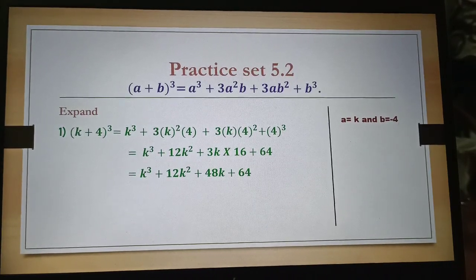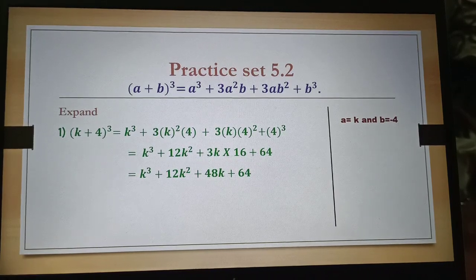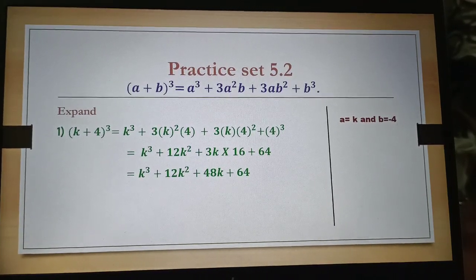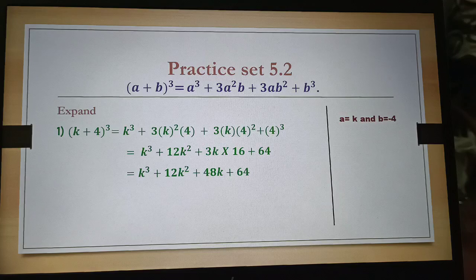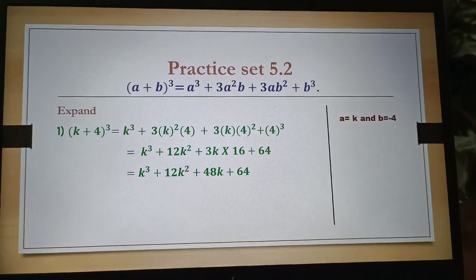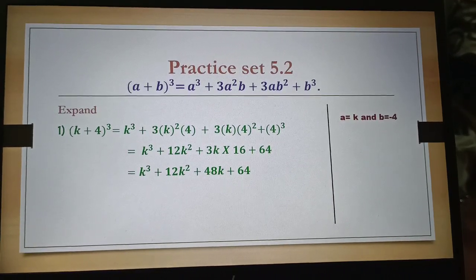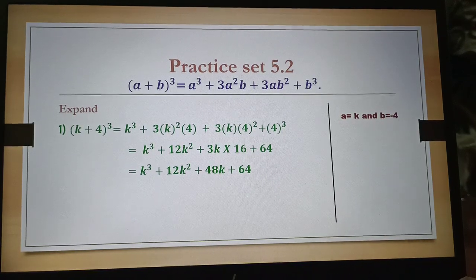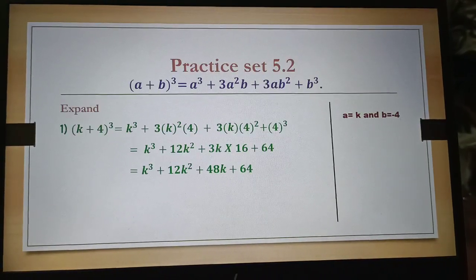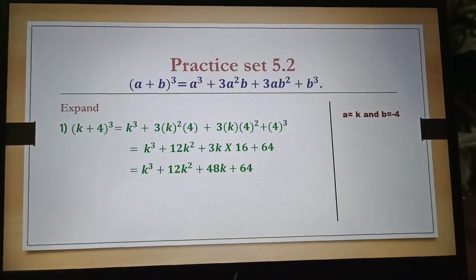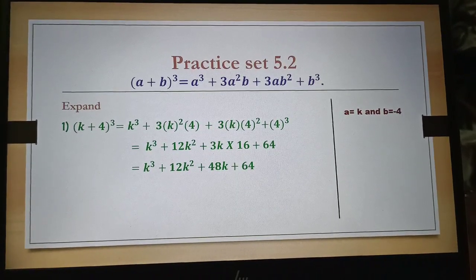The next step is k cube plus 12k square plus, multiply the numbers here, 3 into 16, the answer is 48, so 48k. Then the last is 64. So the answer is k cube plus 12k square plus 48k plus 64.